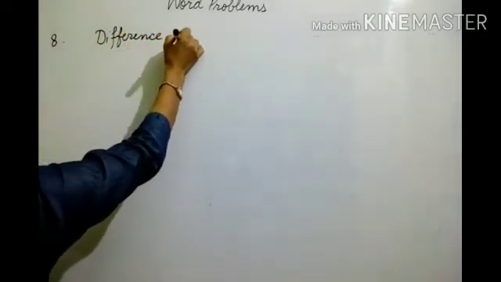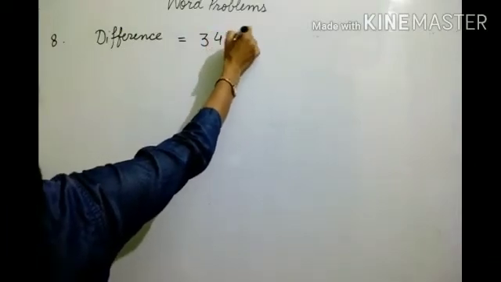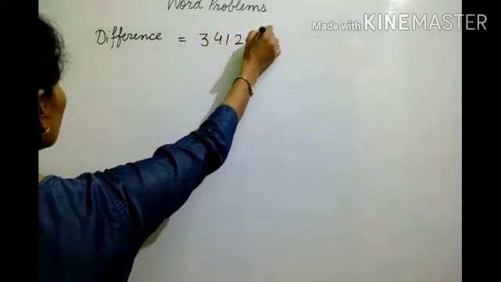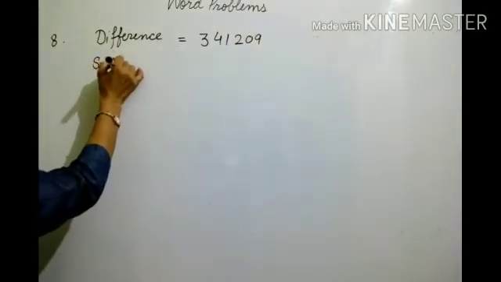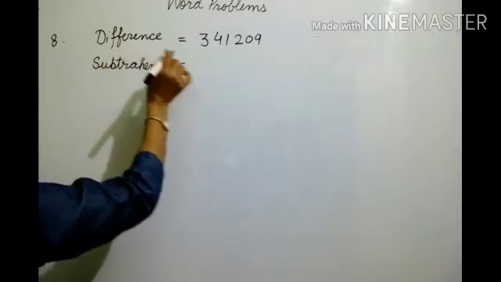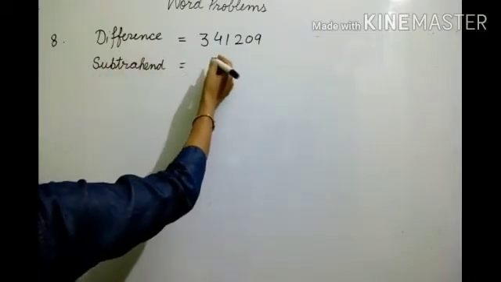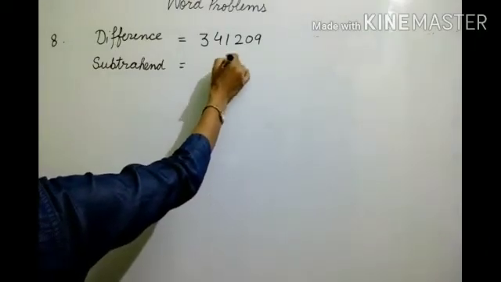Difference is 3,41,209, and subtrahend is given, that is 10,009.